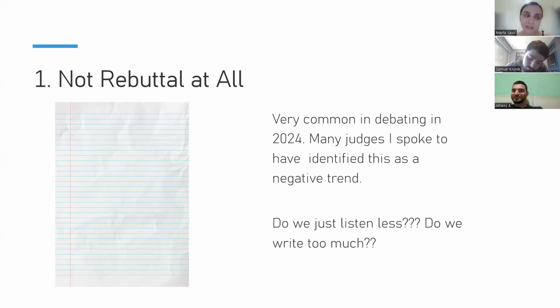The second thesis I have for why this is happening is that we try to write too much. What I see very often is that an LO starts speaking and the DPM automatically starts writing their responses. They don't even listen to the end of the argument.